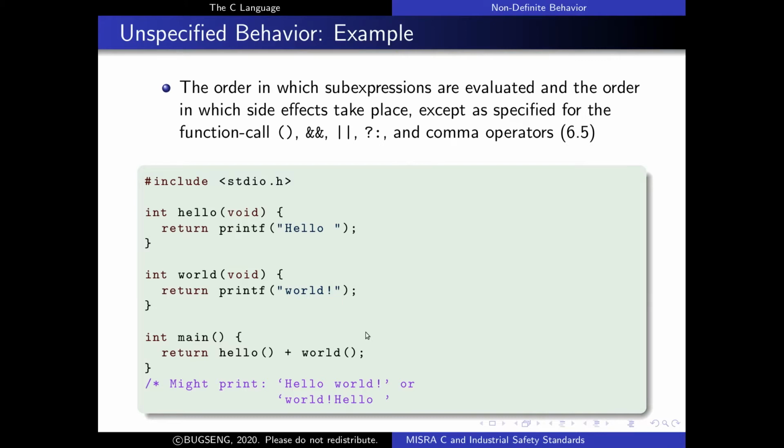However, whether the first to be evaluated will be hello or world is unspecified. So this program has two possible outputs. One is hello world, which is probably what was intended by the programmer, but the program may well print world, question mark, hello, blank. And this is also possible.